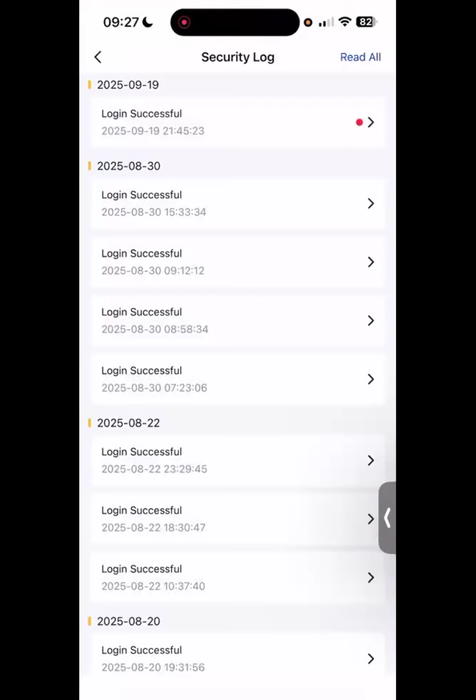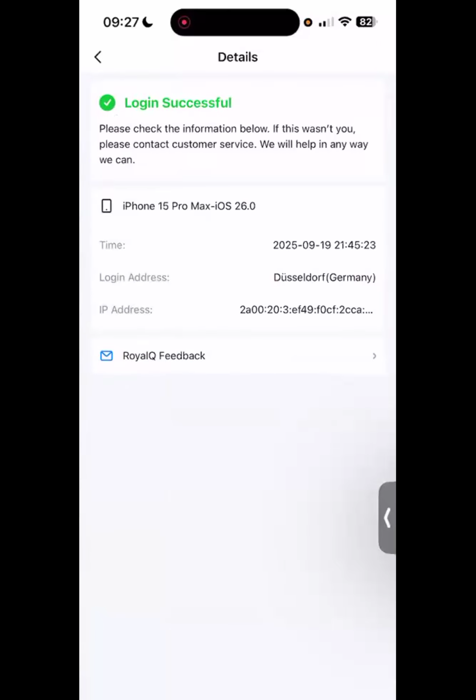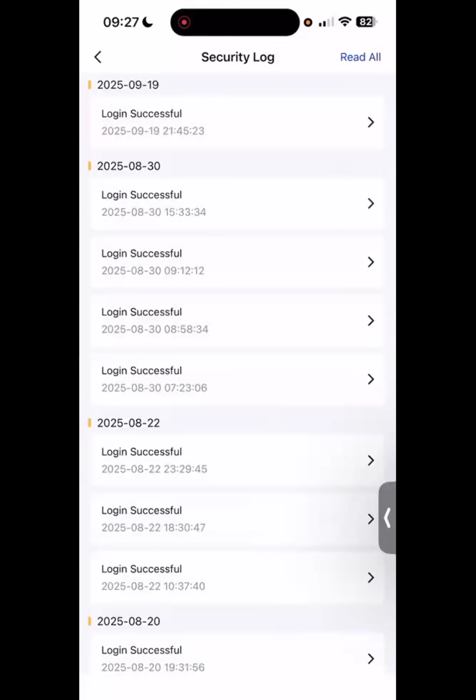Now, this part, anytime you log into your RoyalQ account successfully, you get a notification that, hey, so and so device has logged into RoyalQ. It even adds the operating system. Okay. So if someone or an intruder should come into your RoyalQ account, you will be able to see it through the security log.